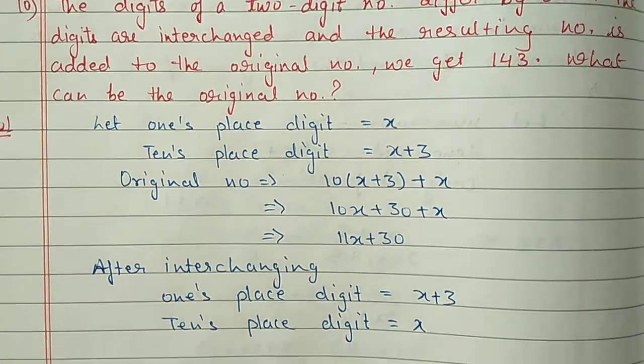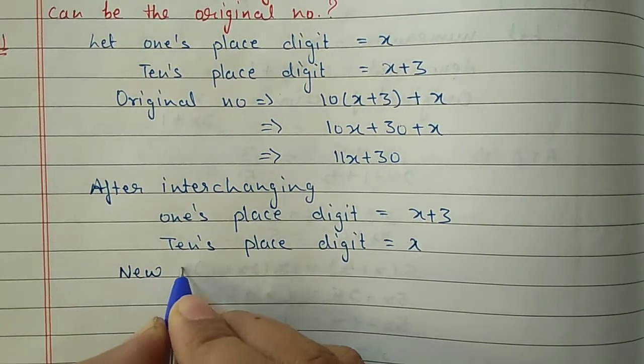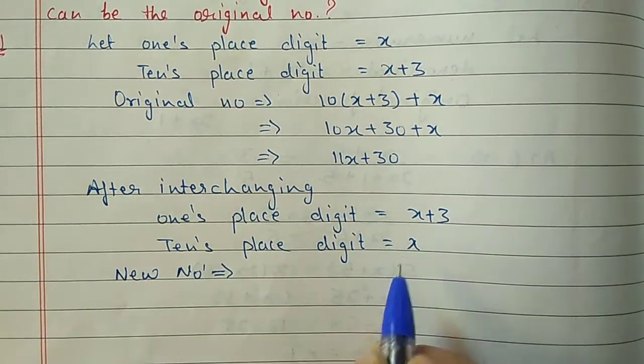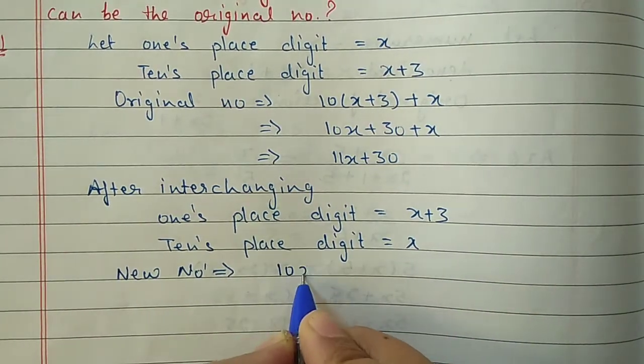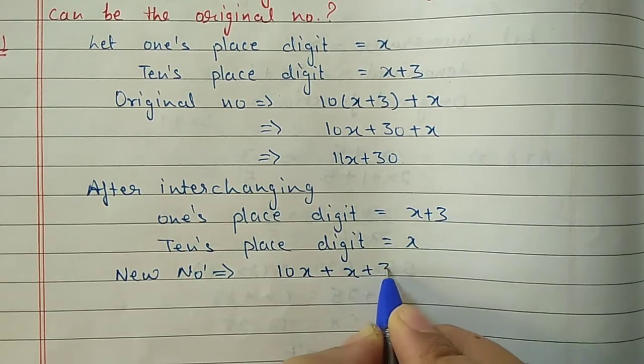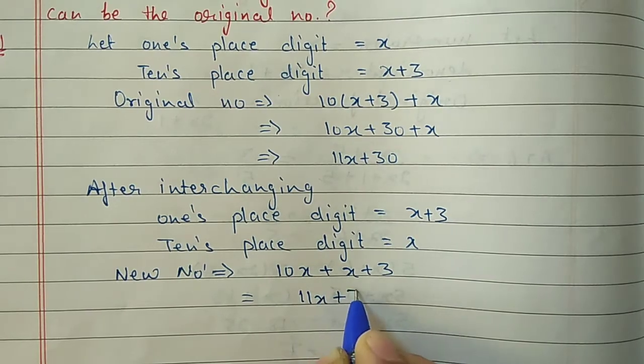Then the new number we will get will be, now tens place is x, so we have to multiply it with 10, then plus ones digit x plus 3. So we will get 10 plus 1, 11x plus 3.